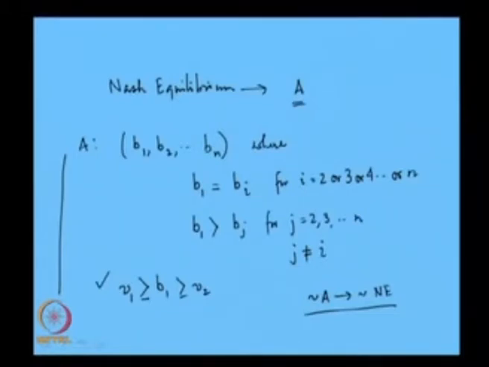So, we have to show that if A is not satisfied, that is, if some of these three characteristics are not satisfied, then we will not have Nash equilibrium. So, suppose this is not satisfied, that the bid of player 1 is not equal to the highest bid of other players.